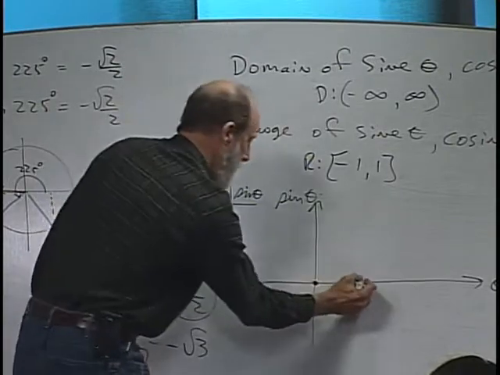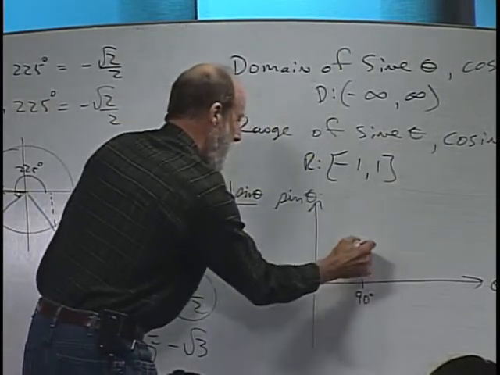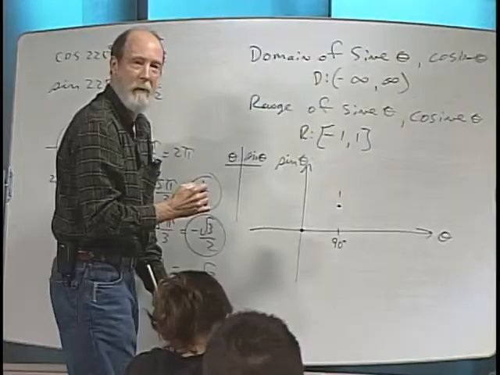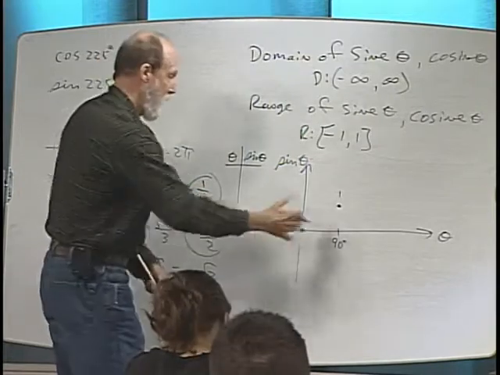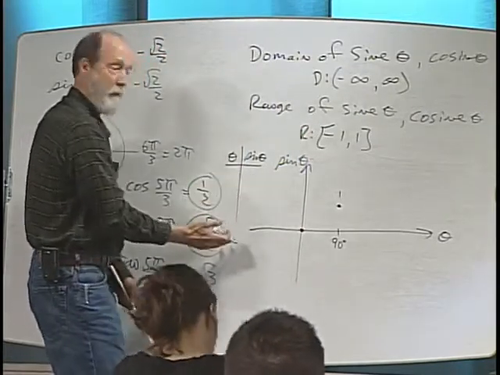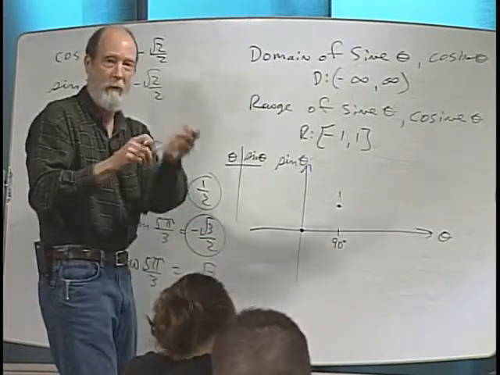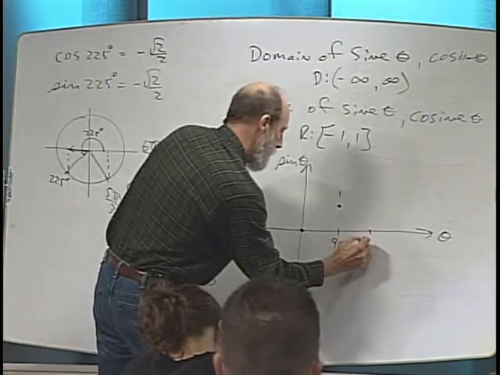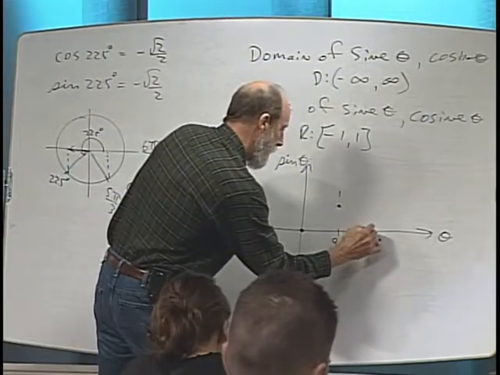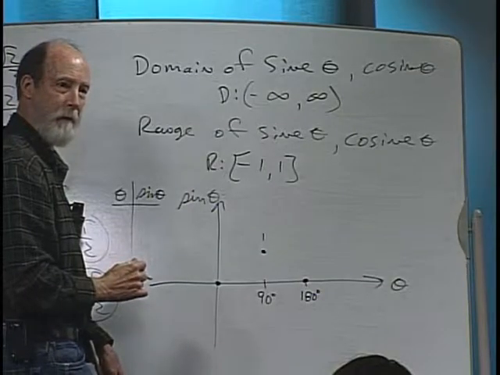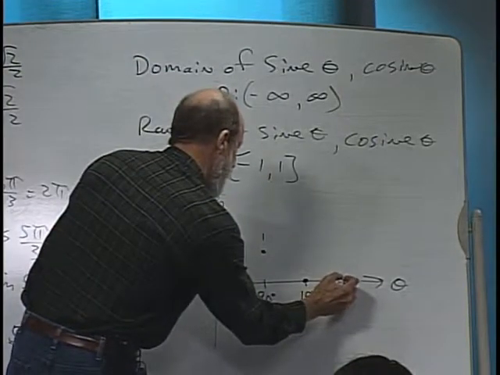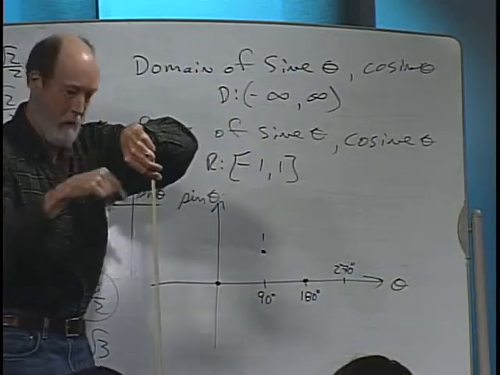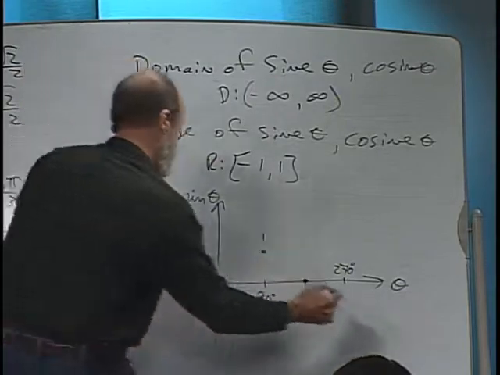90 degrees. 1. Sine of 90 degrees. I'm plotting points here. I'm just imagining a table of values, and I'm picking the angle, and I'm asking you to think unit circle. 90 degrees, sine is 1. 180 degrees, back to 0. 270 degrees, -1.